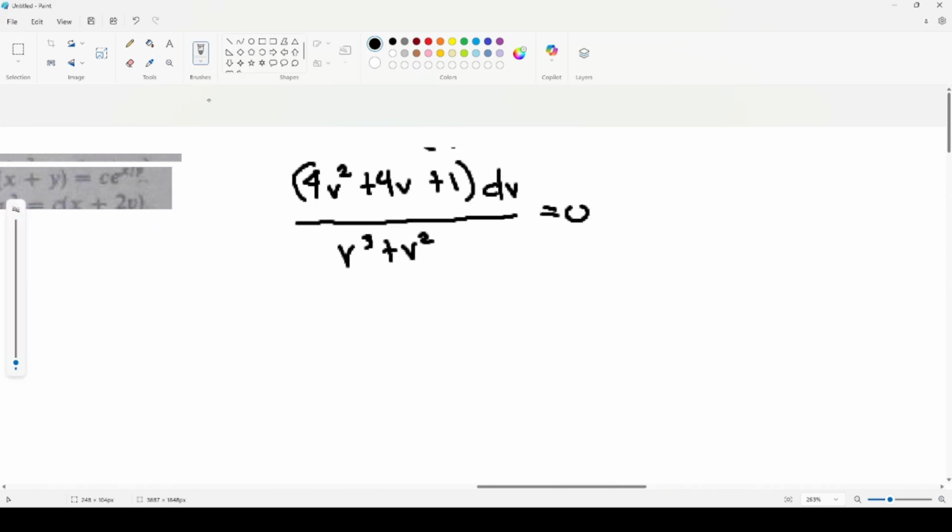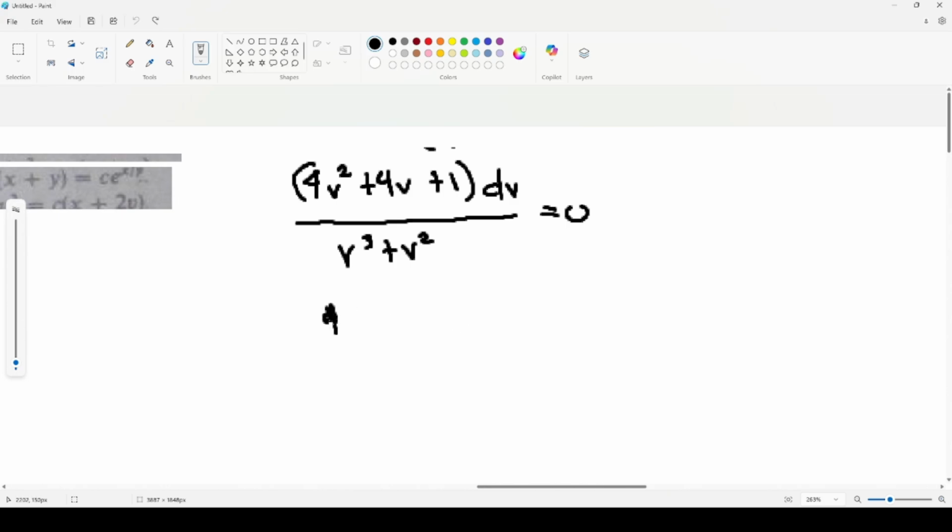First up, we have 4v squared plus 4v plus 1. Can we separate the numerator?